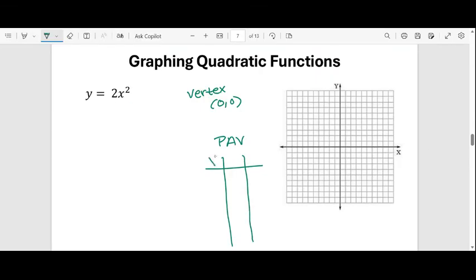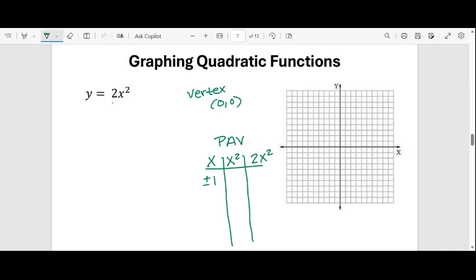Now, instead of y being equal to x squared, y will be equal to 2x squared. So we have to multiply our x squared by 2 to find the movement vertically after we move left and right on our x's. So we're still going to have left and right movement of 1 square with our x values, and we're still going to square that.